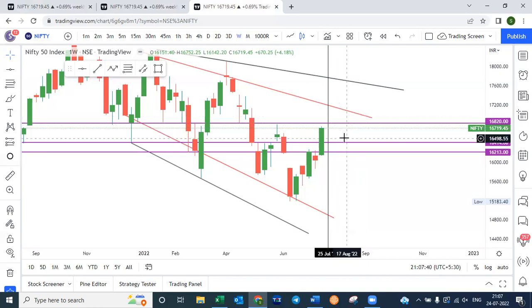Now, if the market opens somewhere in between 16,810, 820 and 16,600, then observe the market. Let it go up and take a resistance.